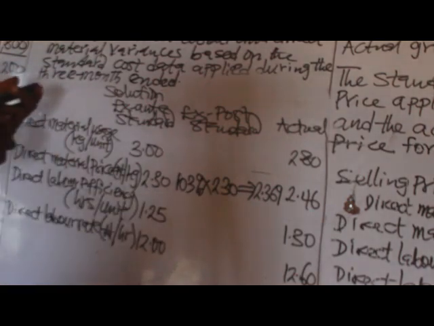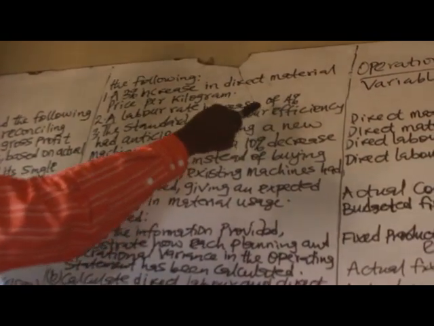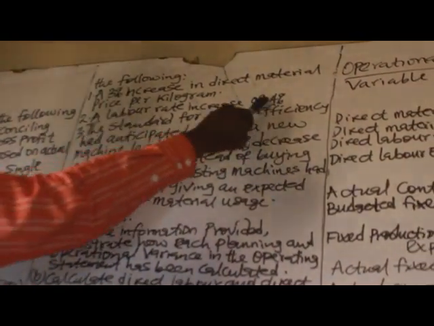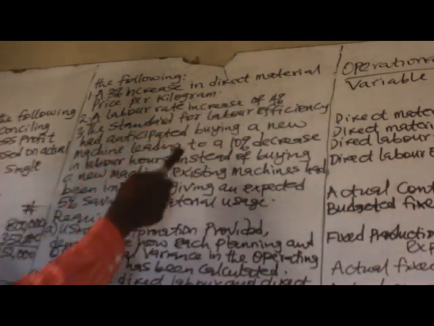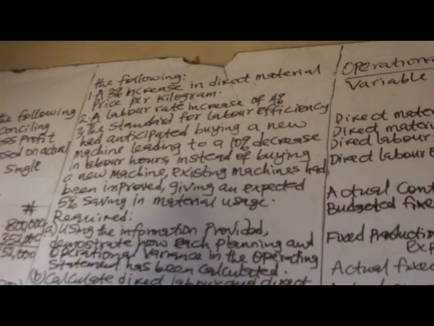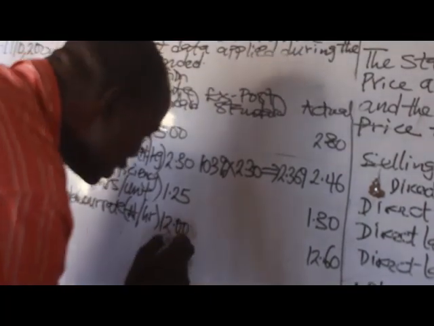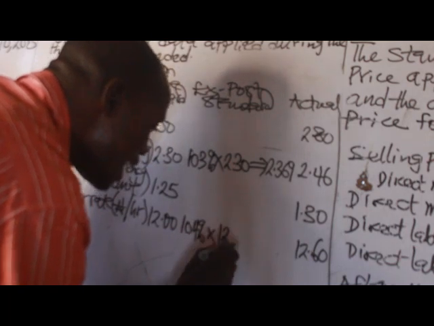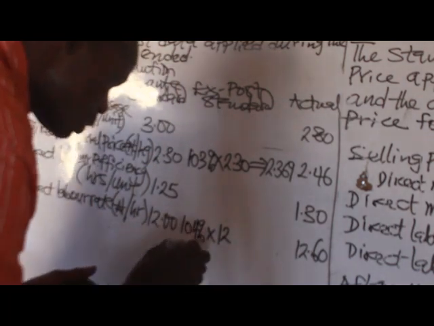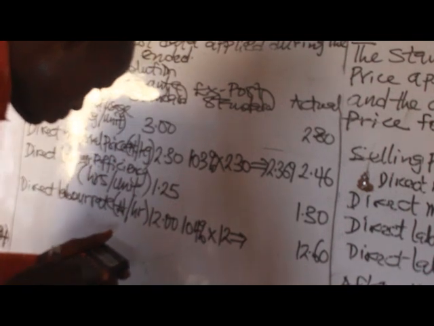Now, back to the question. Note 2. A labor rate increase of 4%. If the labor rate increases by 4%, you add 4 to 100, then you have 104%. How much was the labor rate before? Direct labor rate was 12. 104% of 12 naira, so that is 104 divided by 100 times 12.